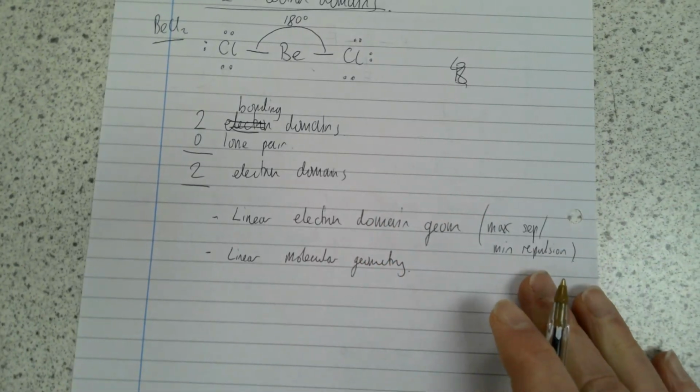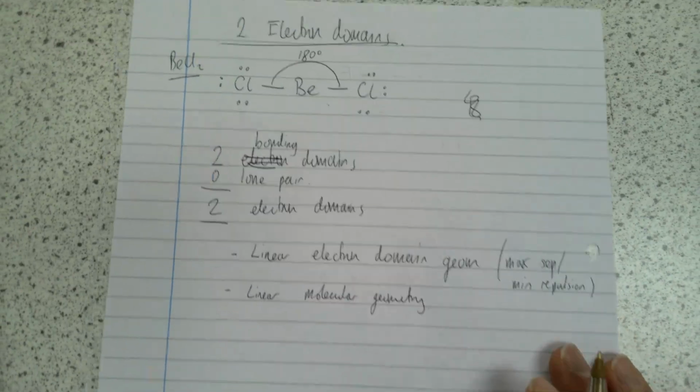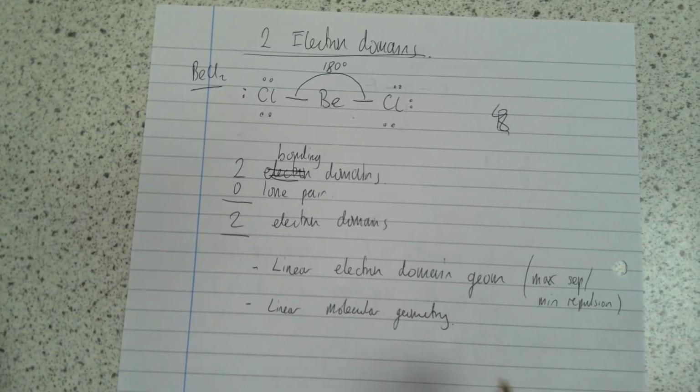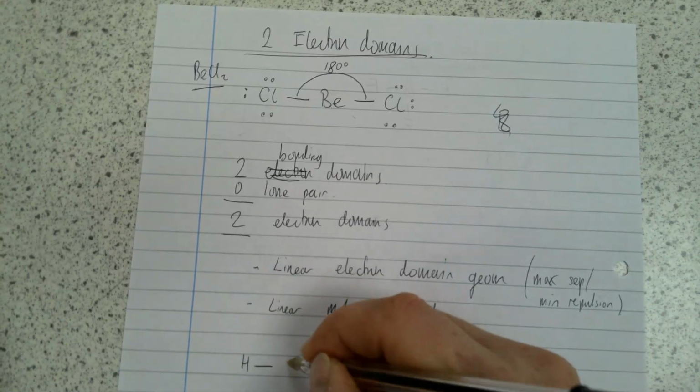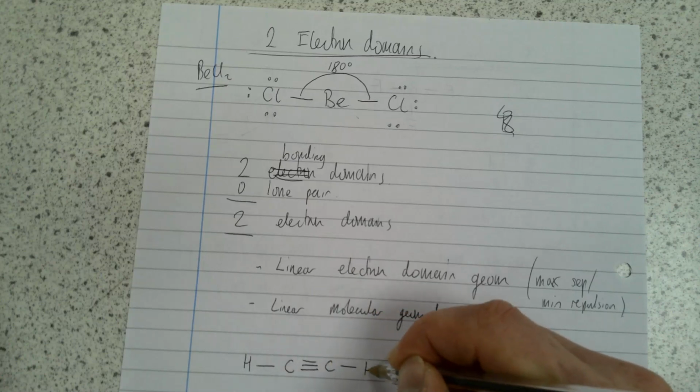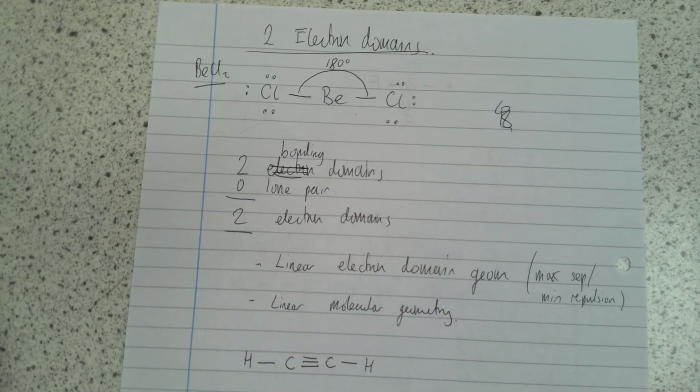There are not many examples of these. It's beryllium really all the way, but there's one other example I want you to know as well, and you'll see more of this next year. Something like this. Do you know what we call this molecule? Anyone seen this before? Ethyne?